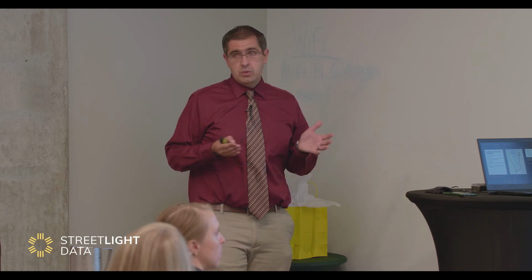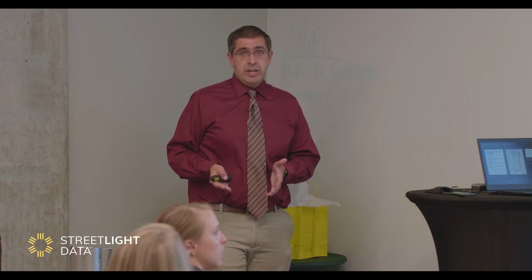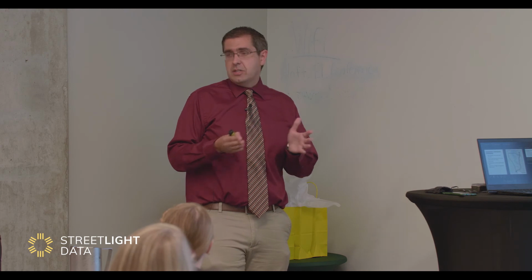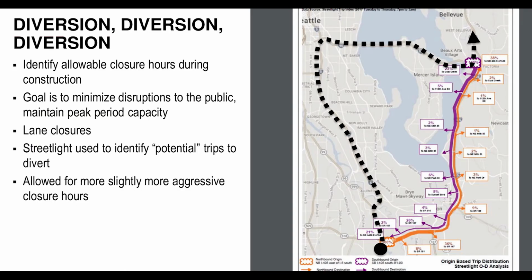And the way that WSDOT does this analysis is basically their number one goal is to minimize disruptions to the public. So they don't allow lane closures during the middle of weekdays. They don't allow lane closures during weekends, and they try to minimize when they allow the closures to basically at night.